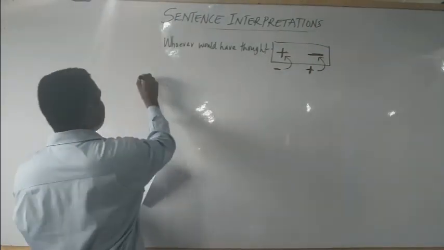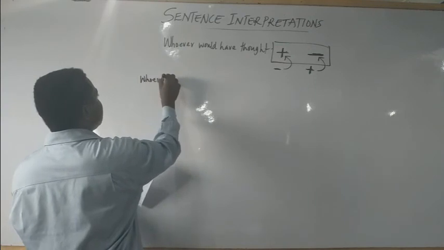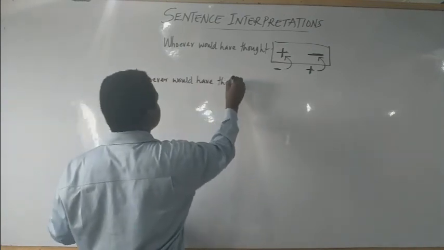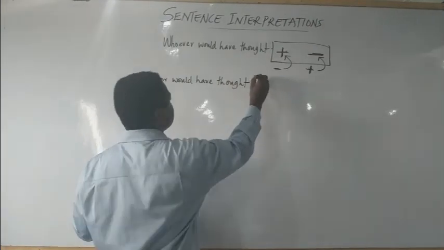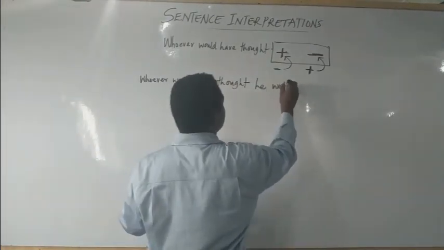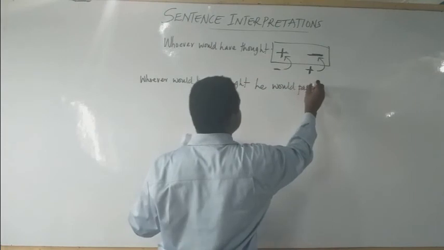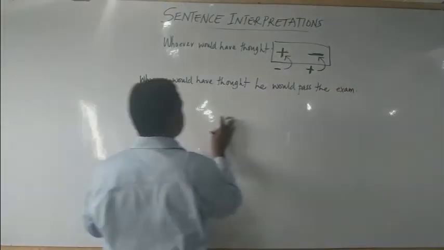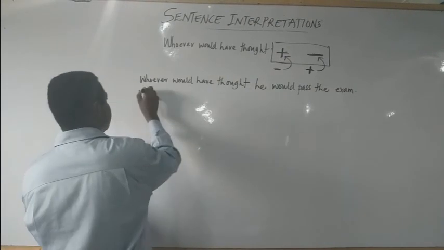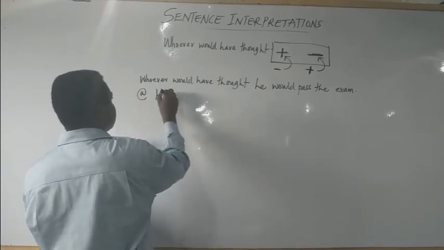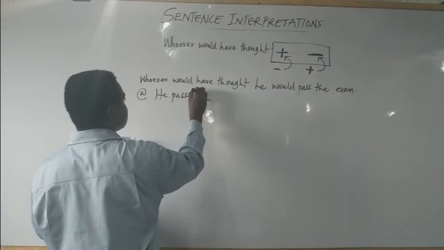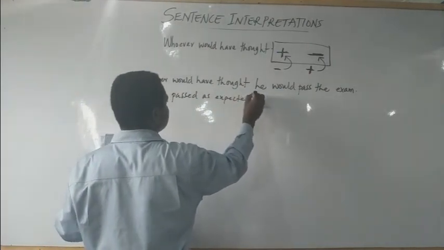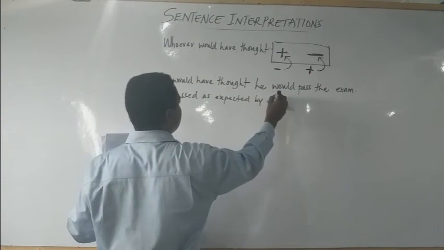Look at this. If I say, whoever would have thought he would pass the exam. Then option A, he passed as expected by all.